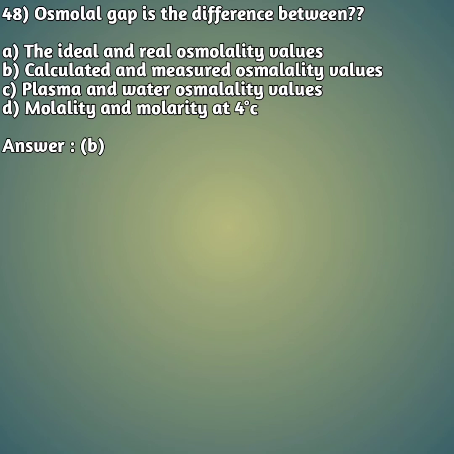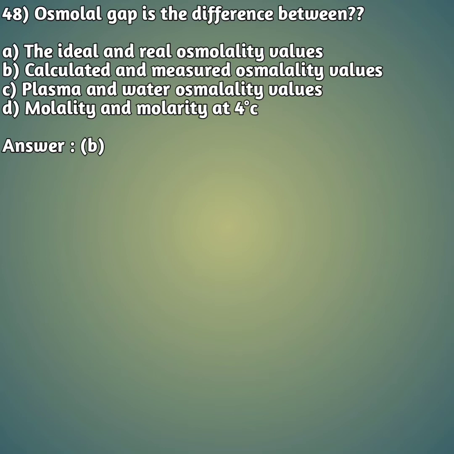Moving on to our 48th question. Osmolar gap is the difference between option A, the ideal and the real osmolality values. Option B, calculated and measured osmolality values. Option C, plasma and water osmolality values. And option D, molality and molarity at 4 degrees centigrade. So the right answer is option B, calculated and measured osmolality values.